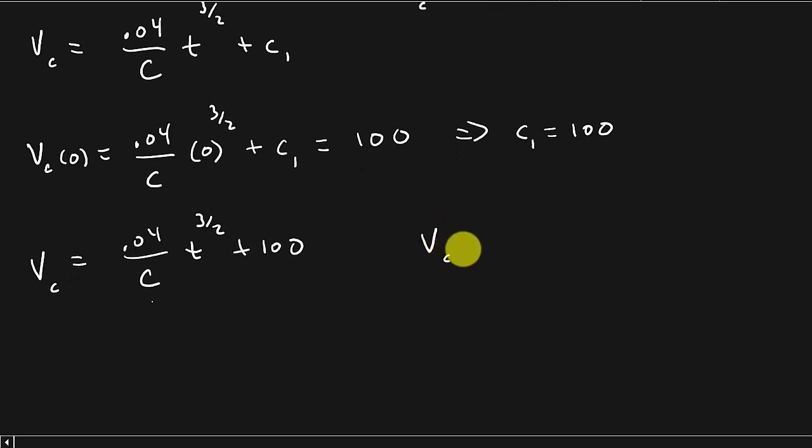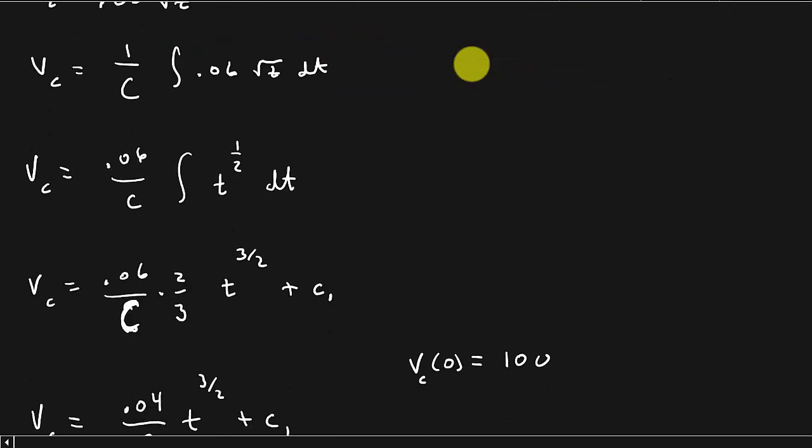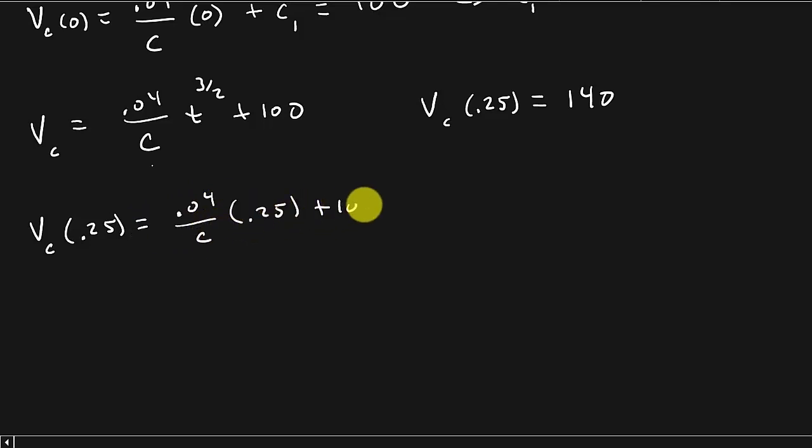So that tells me that V sub C of 0.25 is equal to 140. And so V sub C of 0.25 is equal to 0.04 over C times 0.25 plus 100, which is equal to 140.